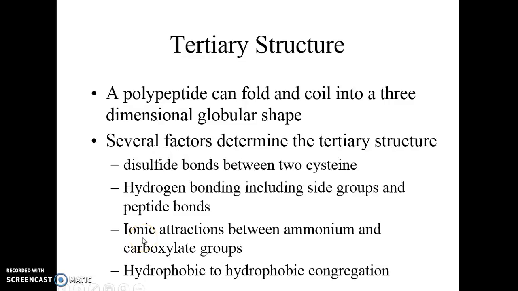Then there are ionic interactions, and this one's relatively strong. Amine groups on side groups and carboxylic acid groups on side groups are ionic because the amine is going to be in the ammonium state, so it'll have a positive charge, and the carboxylic acid will be in the carboxylate state with the proton off, so it has a negative charge.